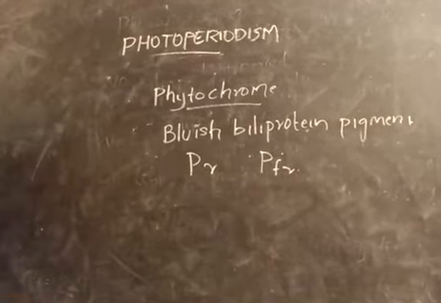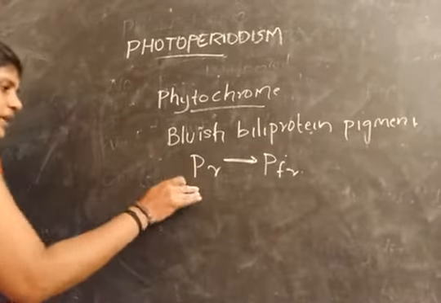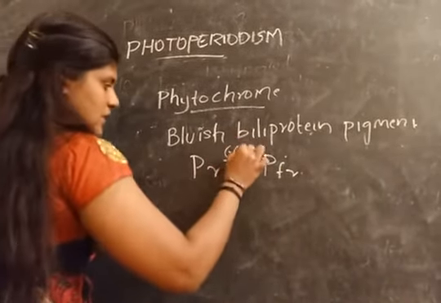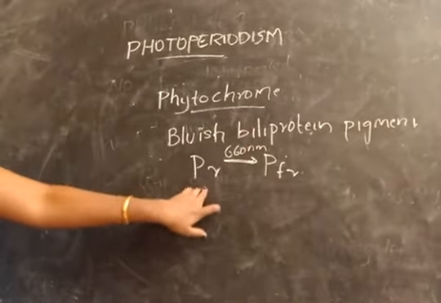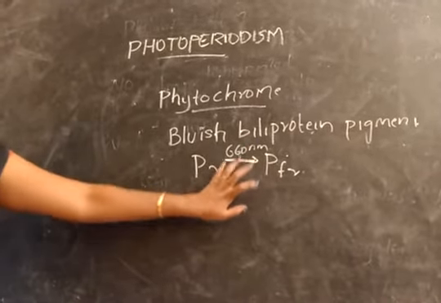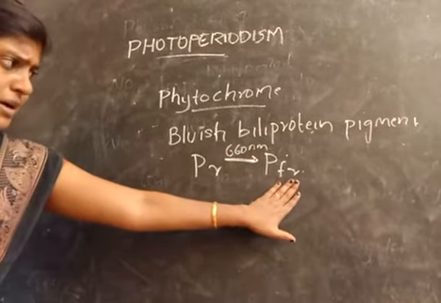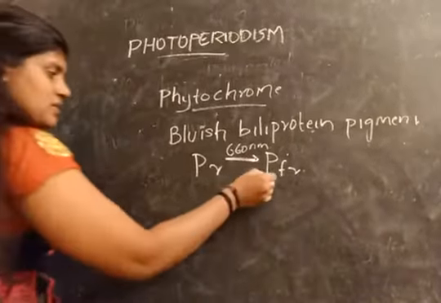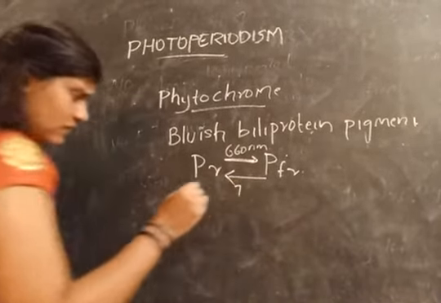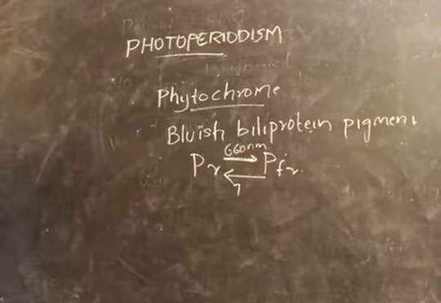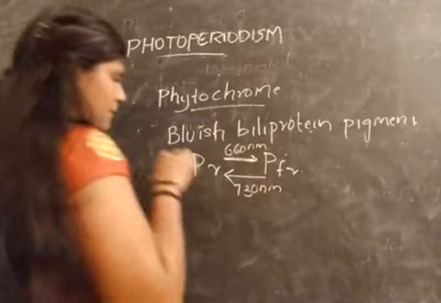The PR absorbs red light of wavelength 660 nanometer and becomes PFR. And the PFR is interconvertible to PR by absorbing far red light of 730 nanometer and becomes PR.